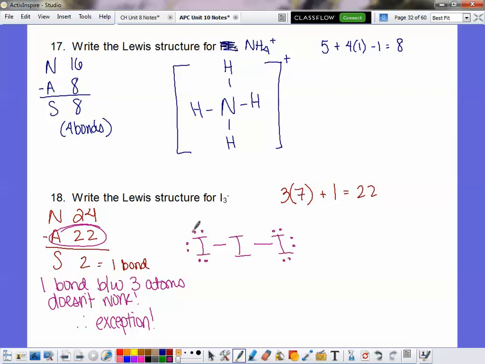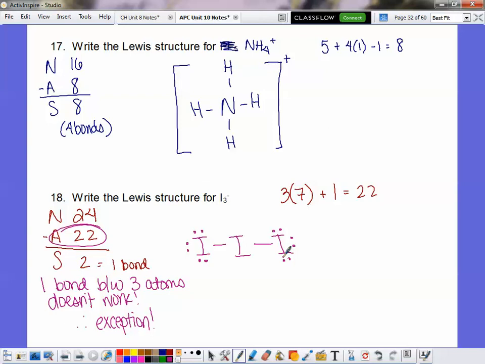So we've used 2, 4, 6, 8, 10, 12, 14, 16 electrons, and we need to use 22. So 22 minus 16 is 6. We have 6 more electrons that need to go on this molecule.